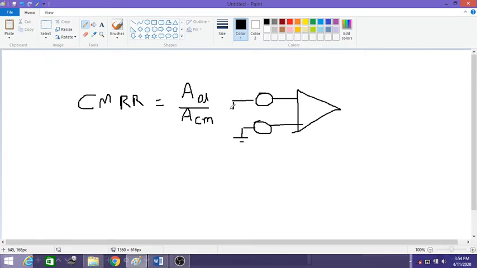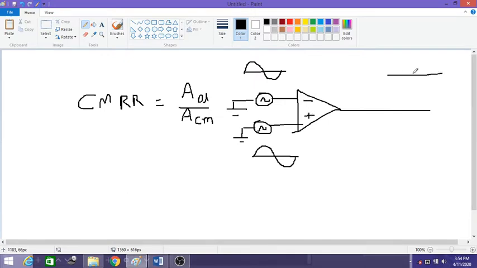Let us take this example again. We apply the input at V1 and V2 with the same phase and same amplitude. Due to this, the signal at V1 gets inverted by 180°, so we get a signal like this, and the second signal at the non-inverting terminal is like this.